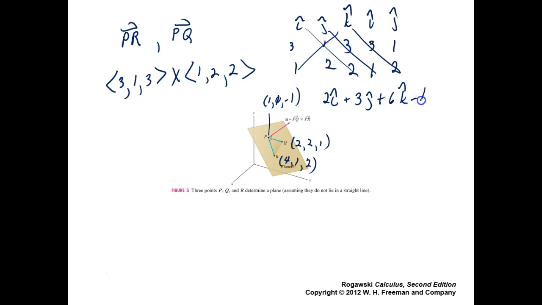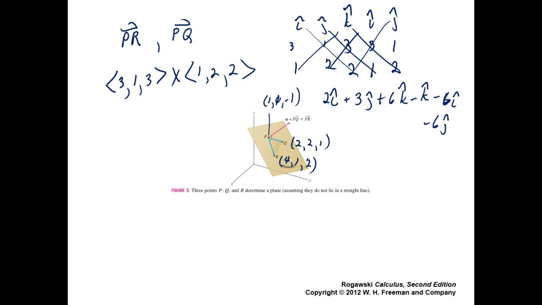Now you do the uplands. Minus k, and the ones going up are always negative, minus 6i, okay, I can't write, and minus 6j. Okay?